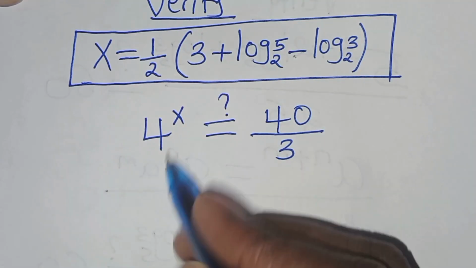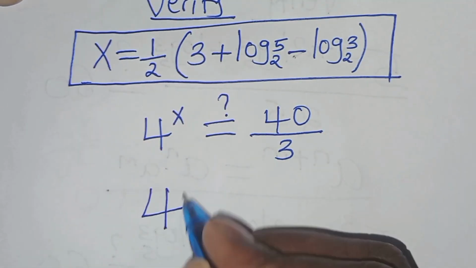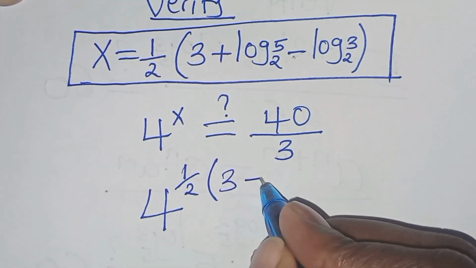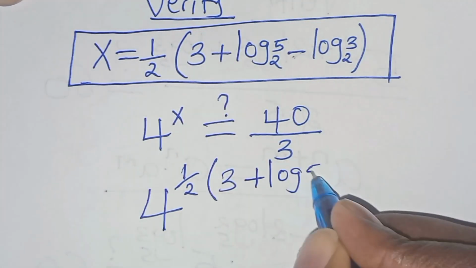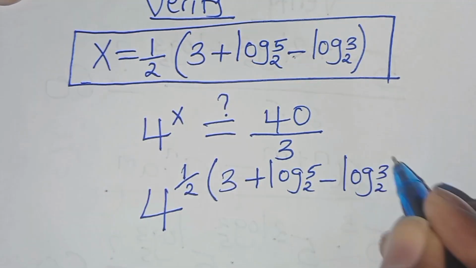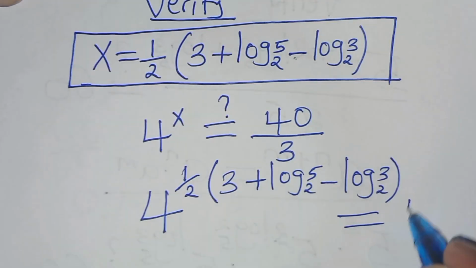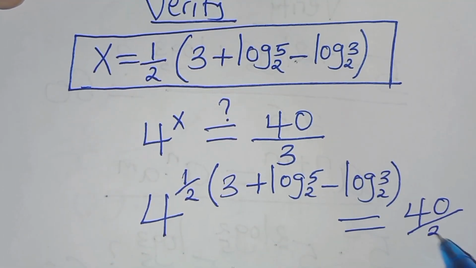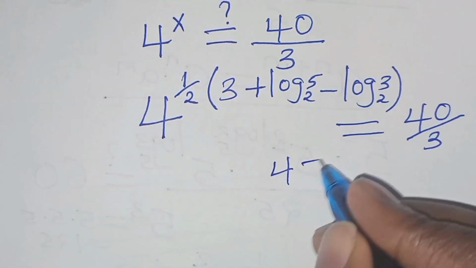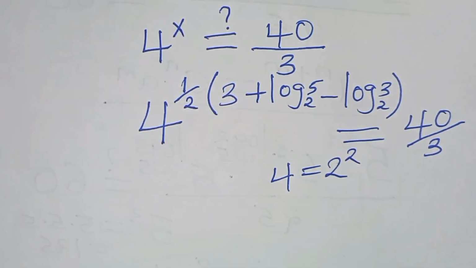So let's substitute the value of x. So this is 4 to power 1 over 2 into the parentheses 3 plus log 5 to base 2 subtract log 3 to base 2. This actually is supposed to give us a value of 40 over 3. So this implies that we can express 4 as 2 to power 2.